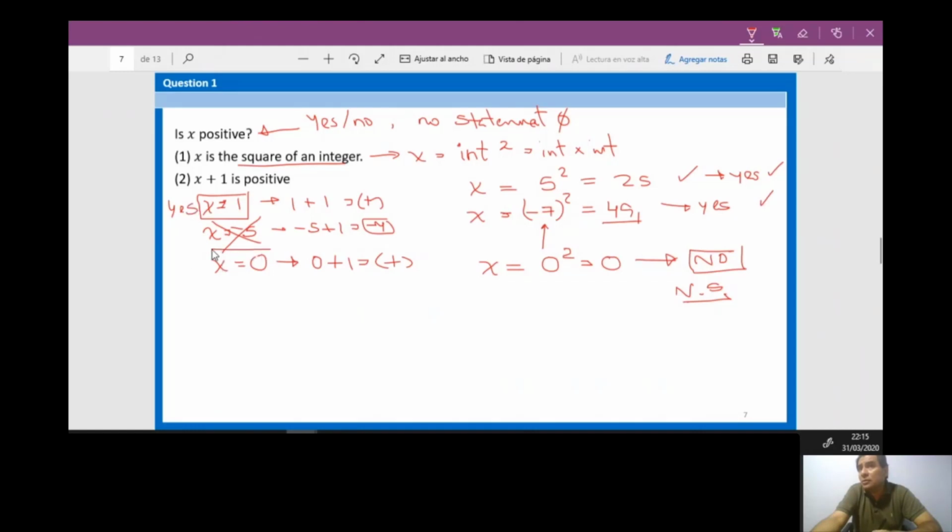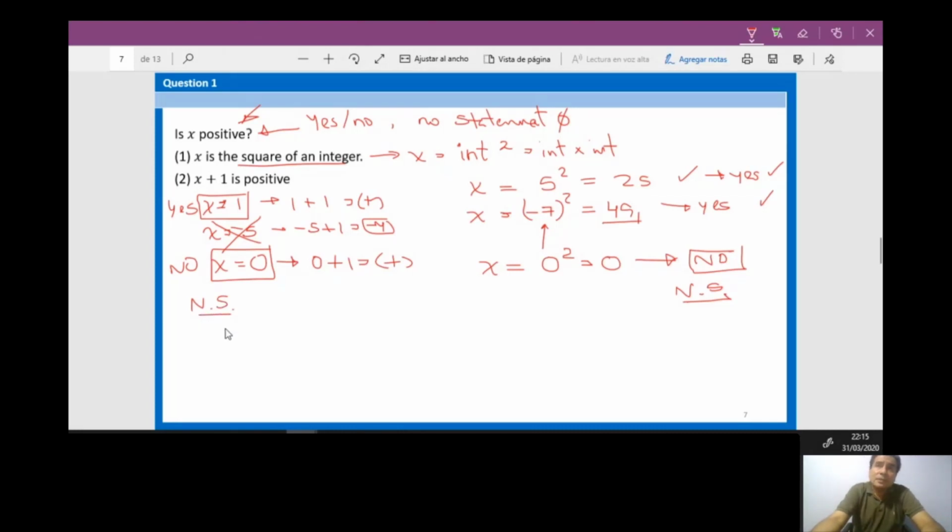But when we answer this question with the value of x equals 0, then the answer would be no. And again, we have the same situation. We have two possible answers to the question. That is the concept of non-sufficiency.